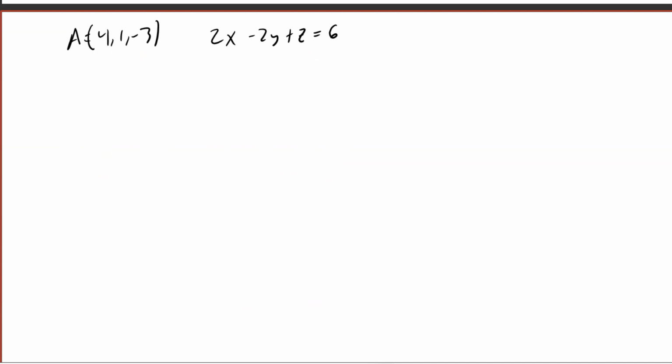Let L be the line that goes through A perpendicular to P. So we'll probably have to find the line. And it says the point B at which the line L intersects P is what?